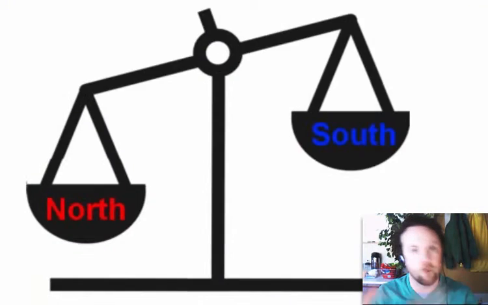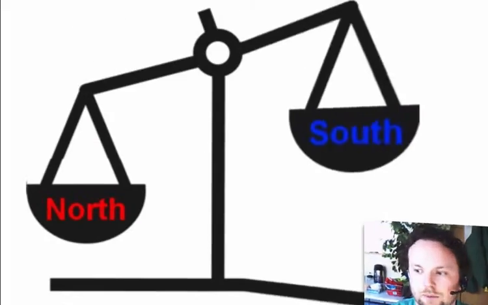Now, the North had an advantage. They had better supply lines, a much larger fighting force, and better manufacturing at its advantage, but the South simply had to play defense and wait for the North to give up.